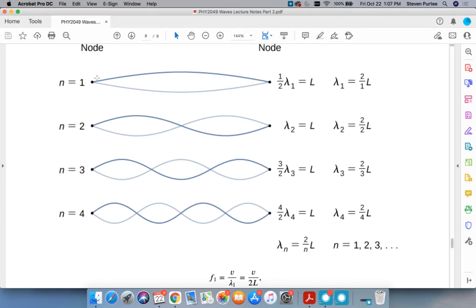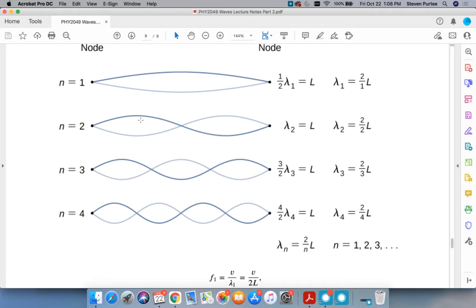So if you have an open guitar string, say your E string, and you pluck it, your guitar string is bouncing up and down just like this. If I go to the 12th fret on my guitar string and pluck it, it would have twice the frequency. It would be an octave higher, and my waves would look like this.